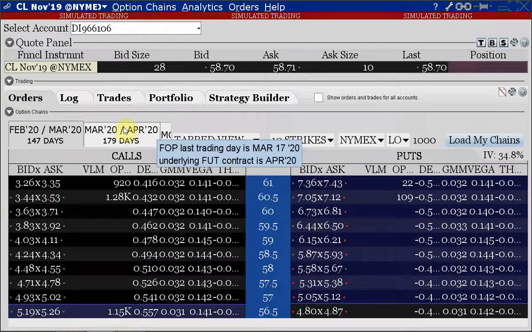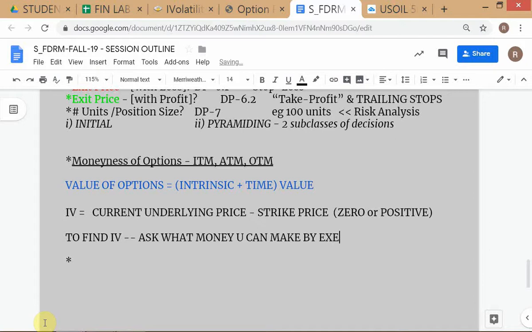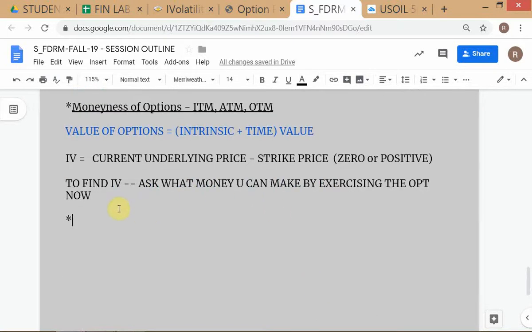To find IV, ask what money you can make by exercising the option now.